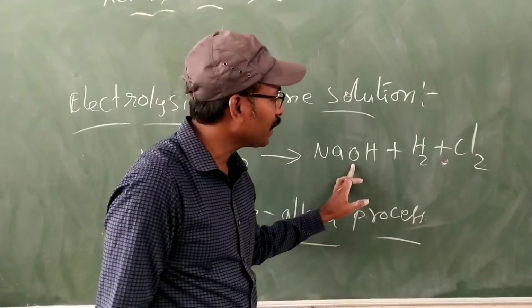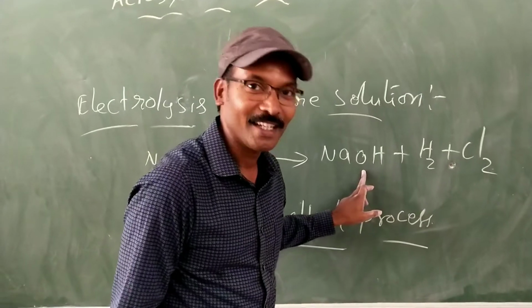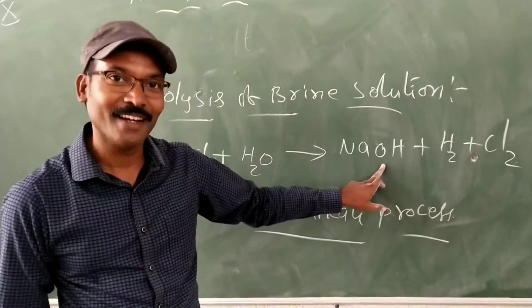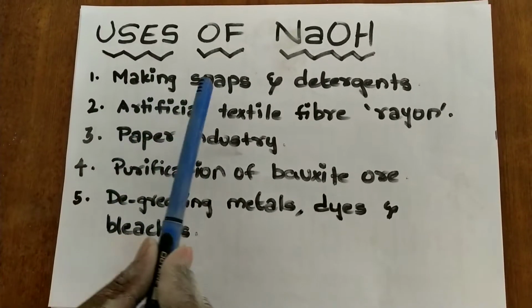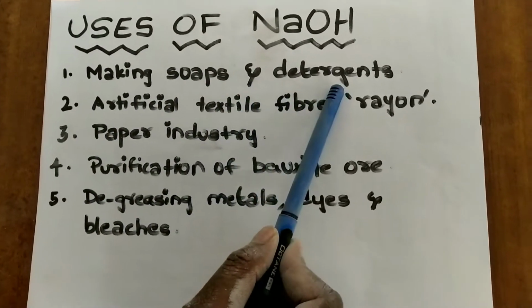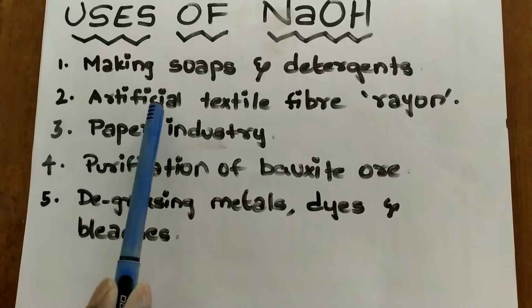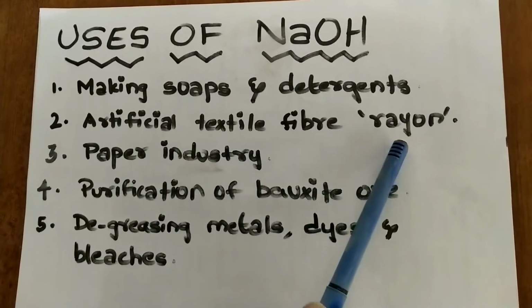One among them is sodium hydroxide. Let us see the uses of sodium hydroxide now. Sodium hydroxide is used in the preparation of soaps and detergents and the artificial textile fiber rayon.